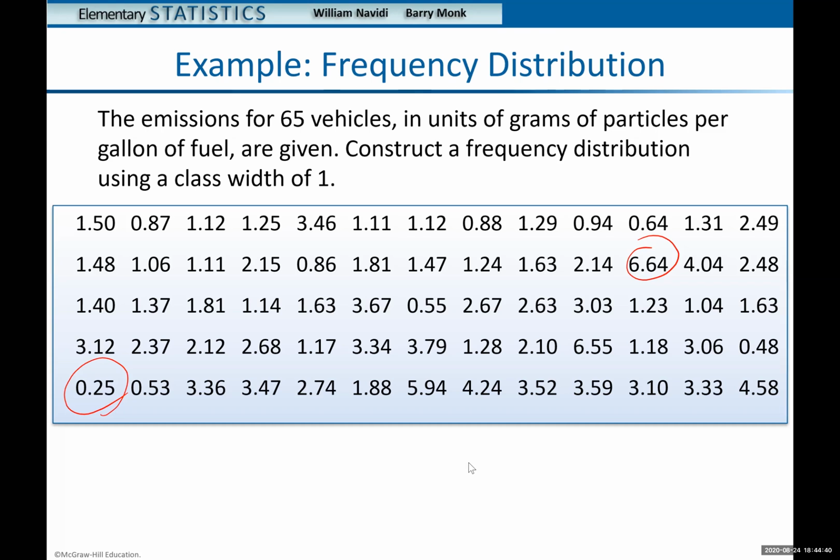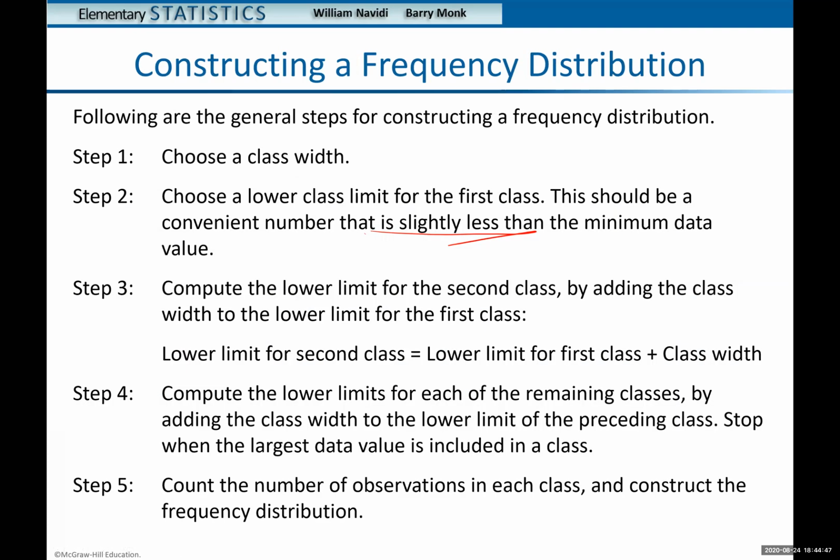So if you go back again, step number 2, choose the lower class limit. This should be a convenient number that is slightly less than the minimum data value. So minimum is 0.25. So choose a very convenient number that is slightly less than this. Remember, your class width is equal to 1.